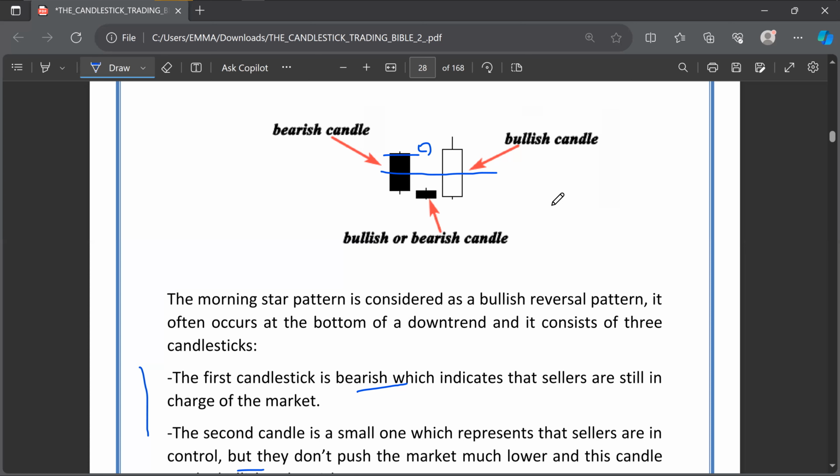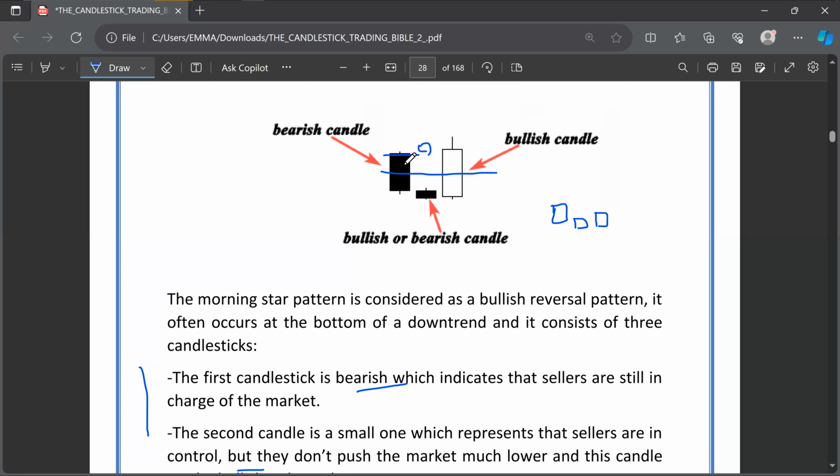So let me just draw that for simplicity. Let's say this is the bearish one, the first candlestick. The small one comes this way, right? Now, this could actually close here. So it's not necessary that it must always close above the first one.